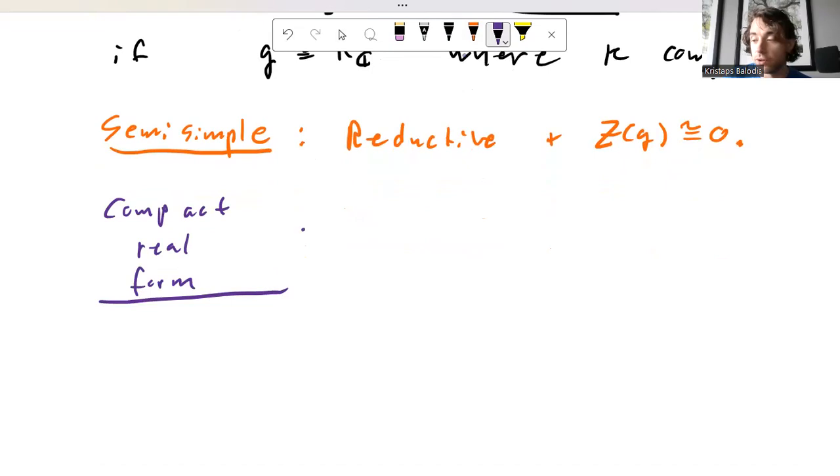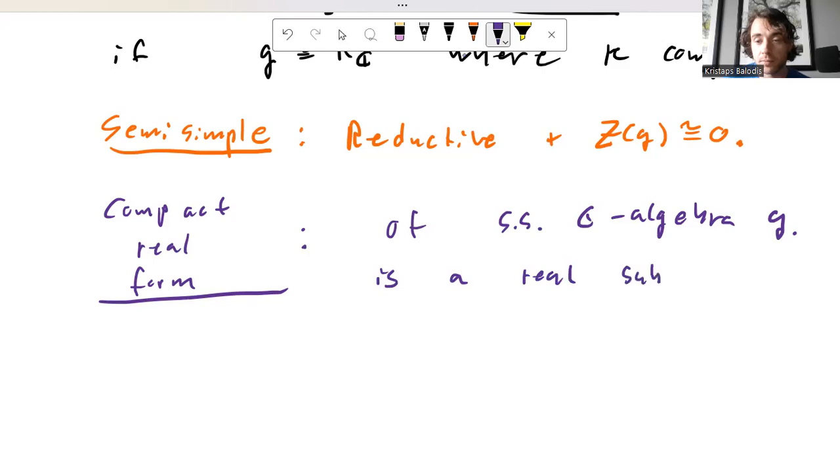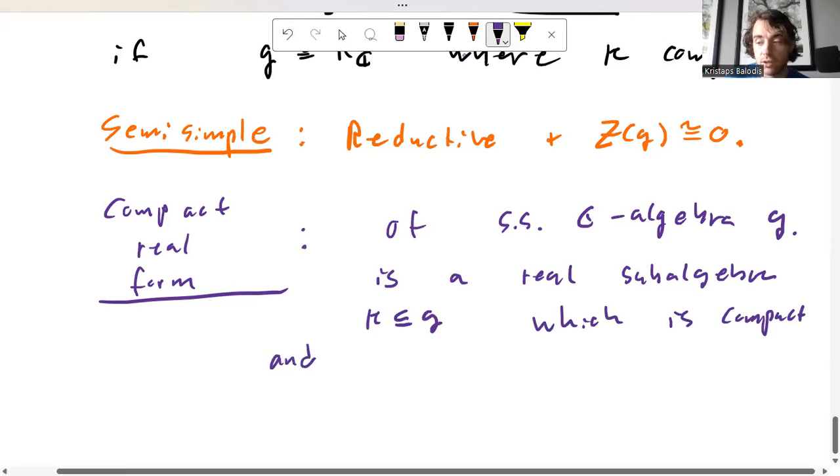So the compact real form of a semi-simple complex Lie algebra G is a real subalgebra, let's call it K, which is compact, and G is isomorphic to K direct sum iK.